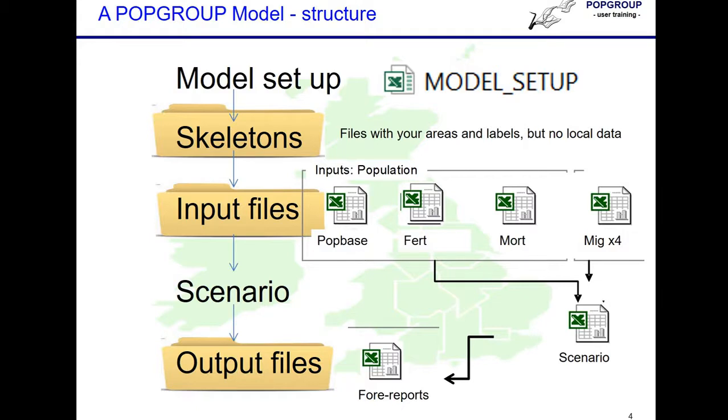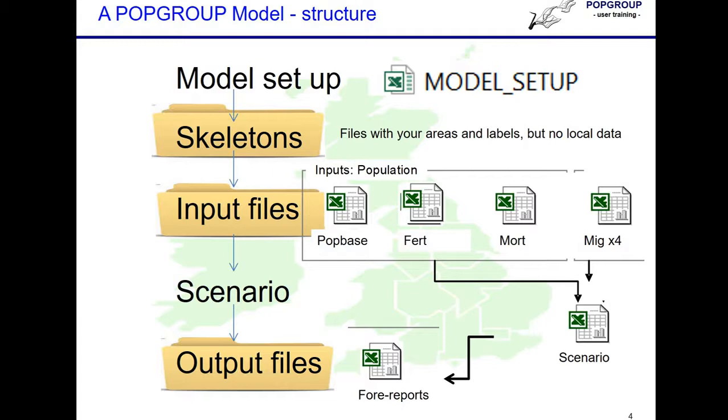POPGROUP will also create a folder labeled input files. This is where the skeleton files that you fill with data will be saved. You have a skeleton file for your pop base, which you will fill with population data for the base year of your projection.